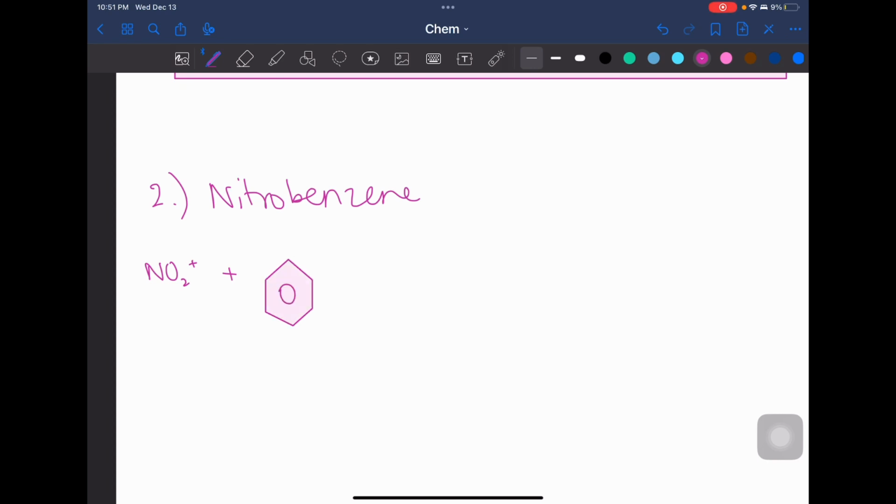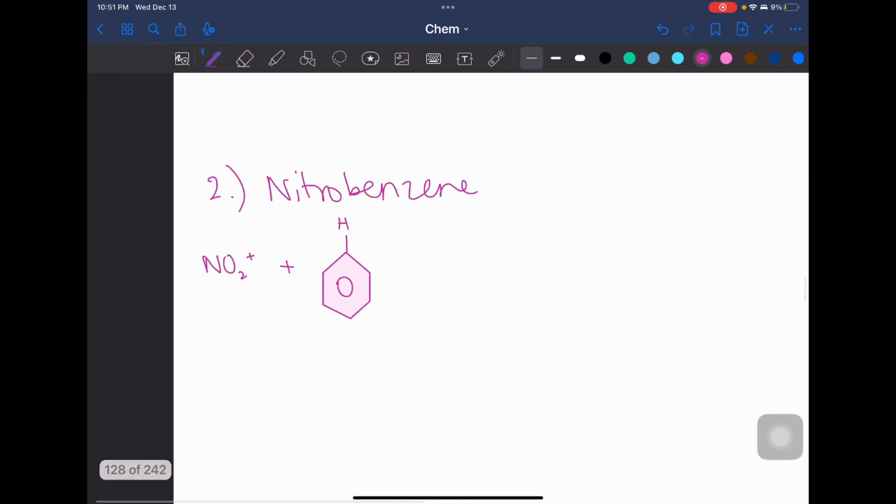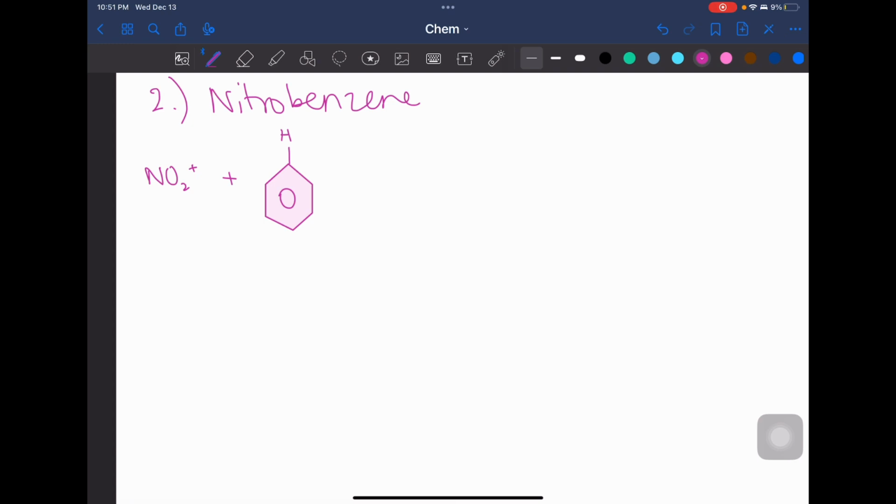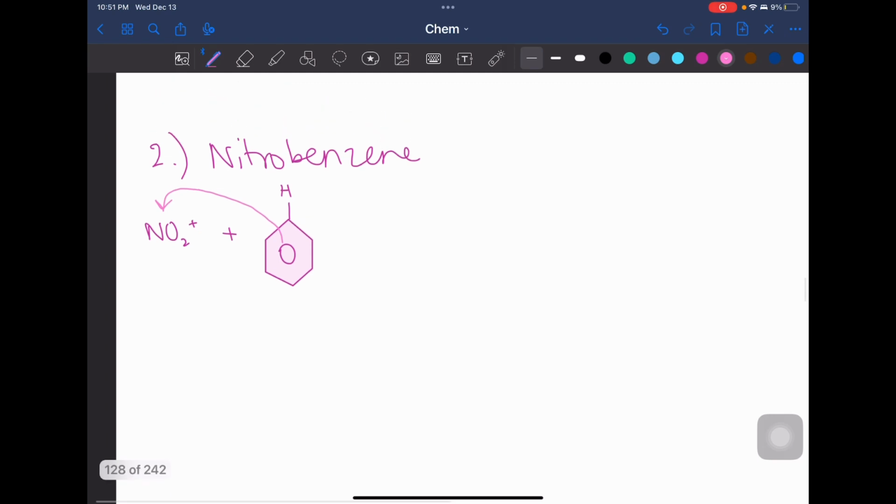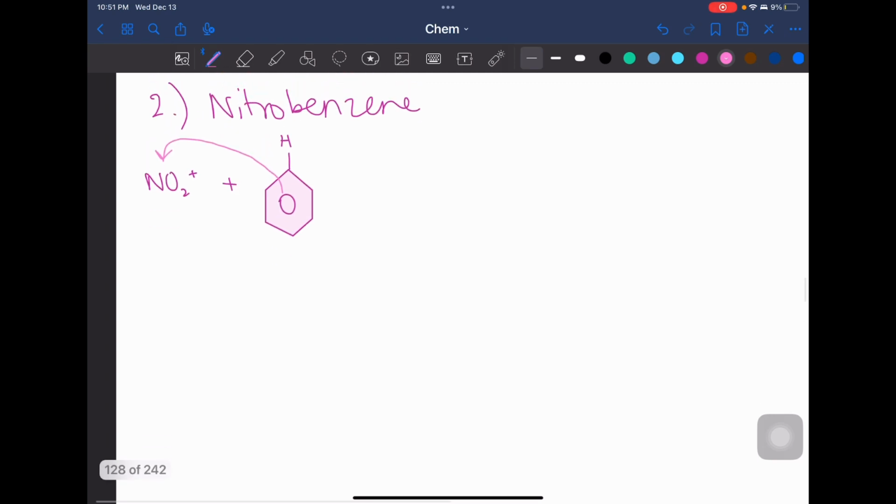Okay, so this is our benzene. And we know it has a little H here. So what's going to happen here is that the electron ring from this very saturated electron cloud is going to attack our electrophile, which is the nitronium ions.